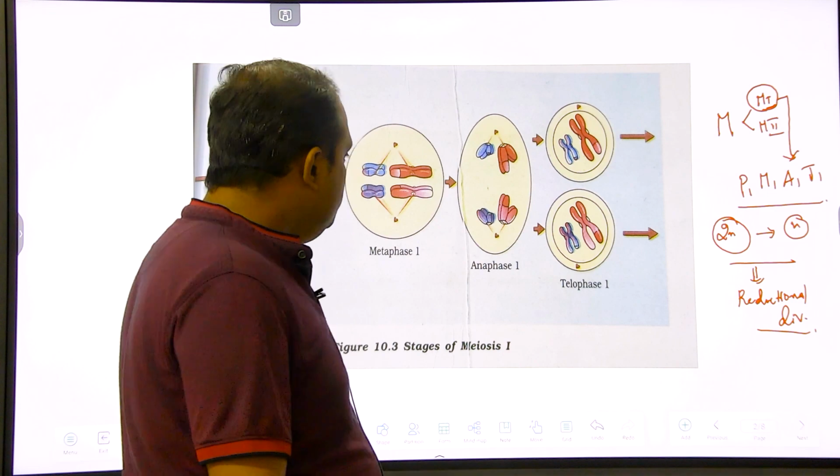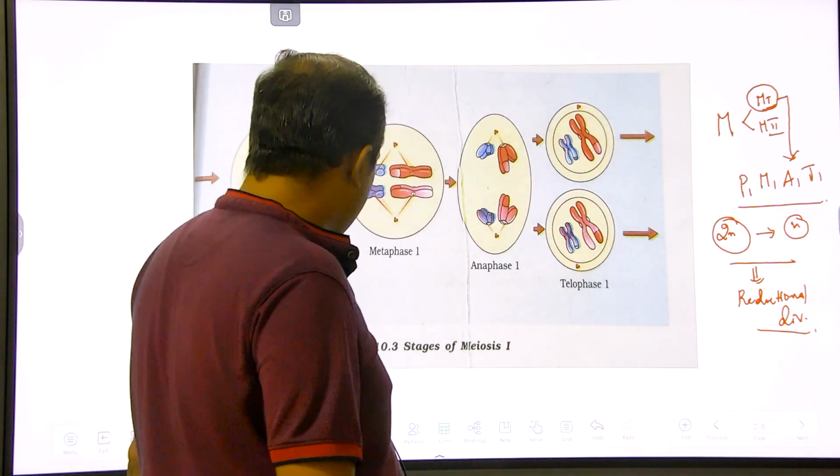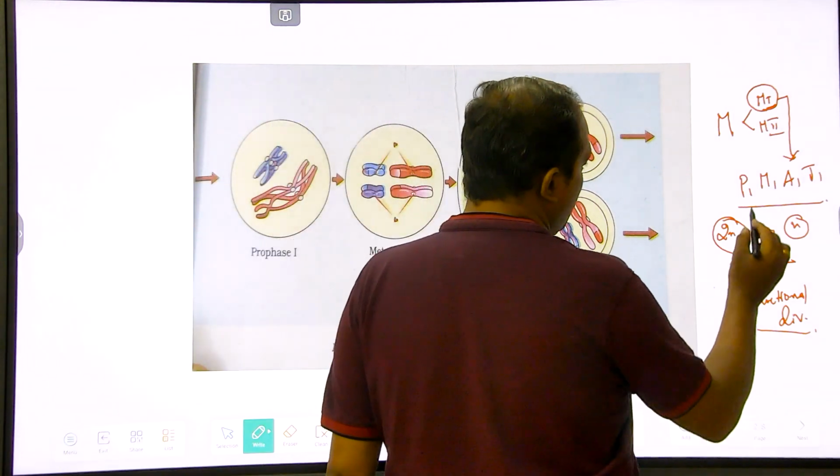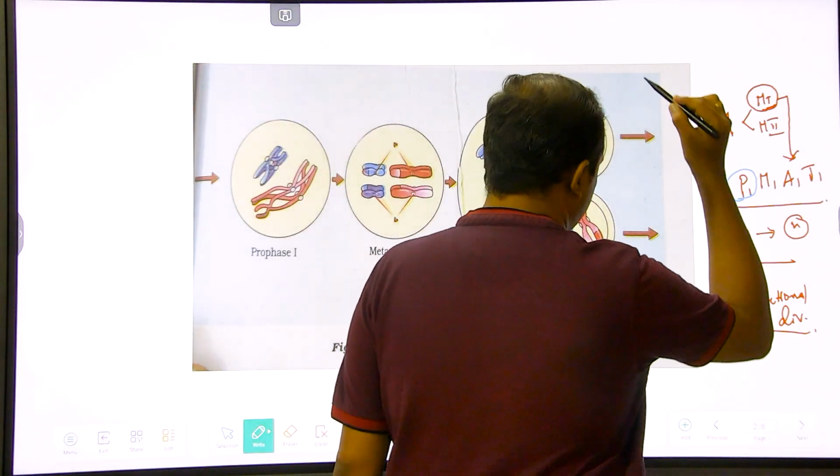Fine. Now among these, one of the important subphases is the prophase 1.